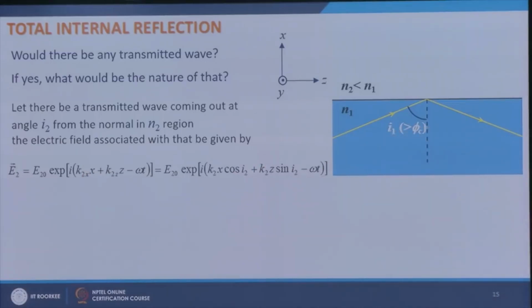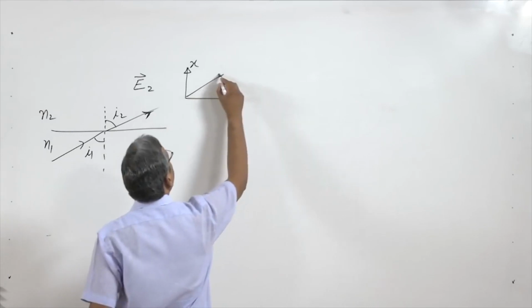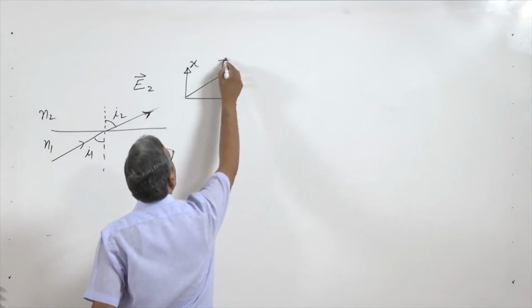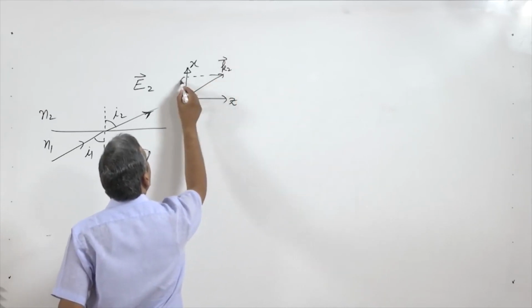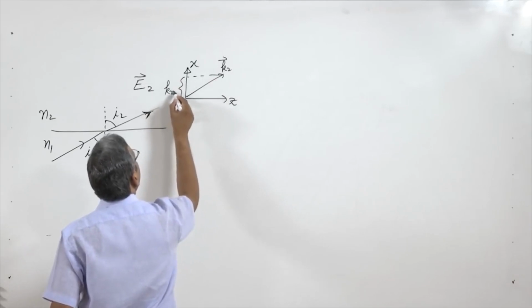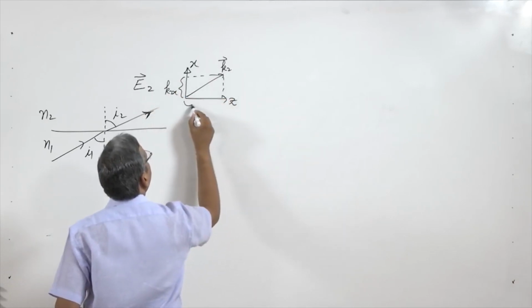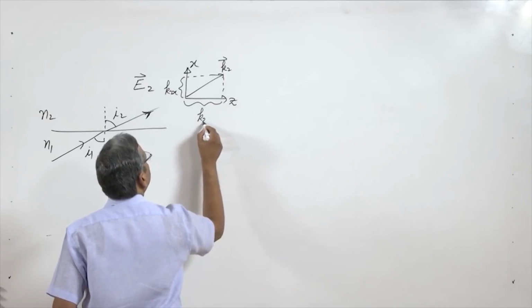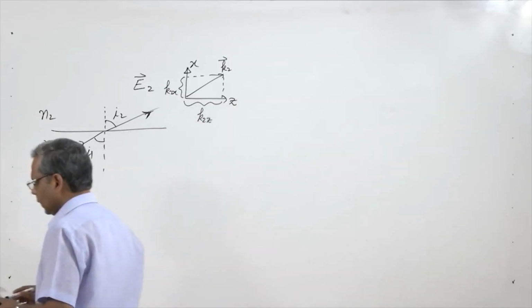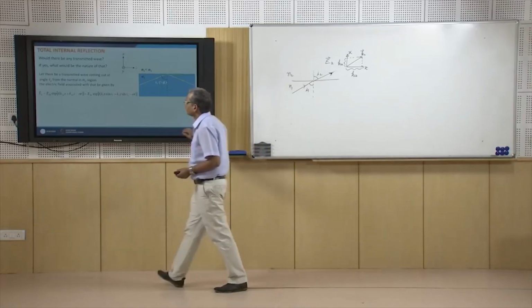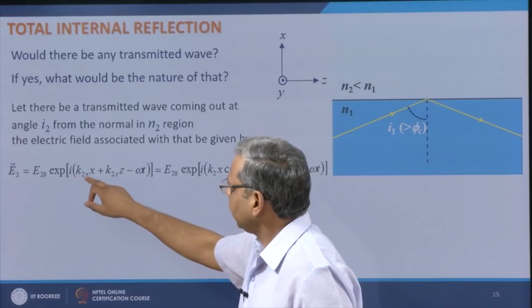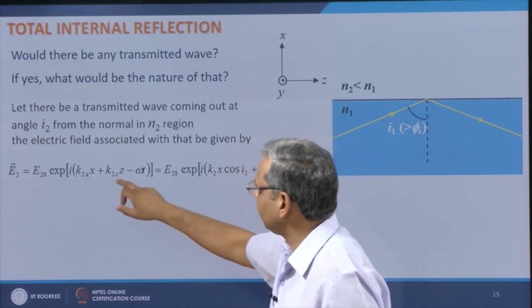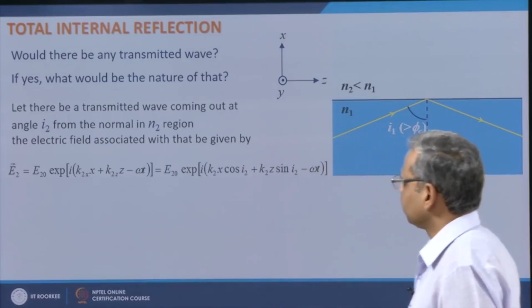K2 is like this, so here you will have k2x and here you will have k2z. So I will have e to the power i times k2x times x plus k2z times z minus omega t.